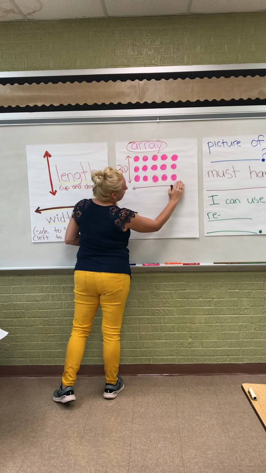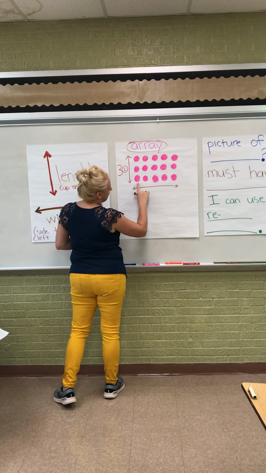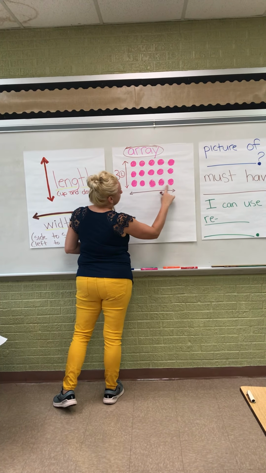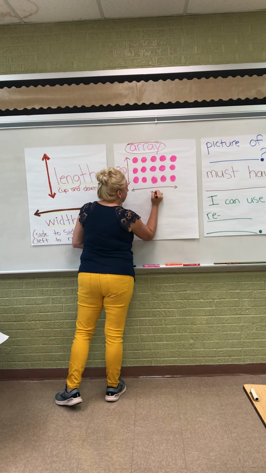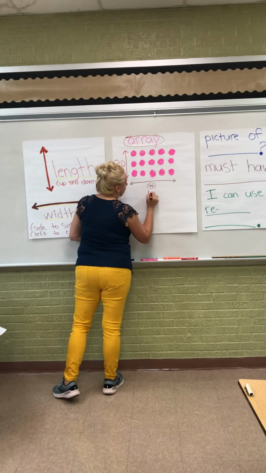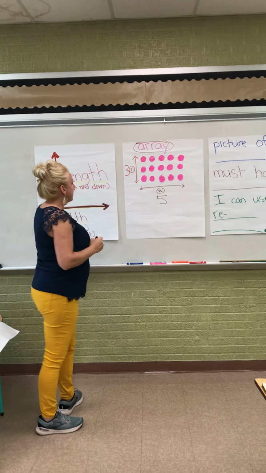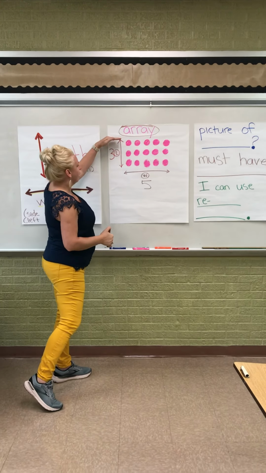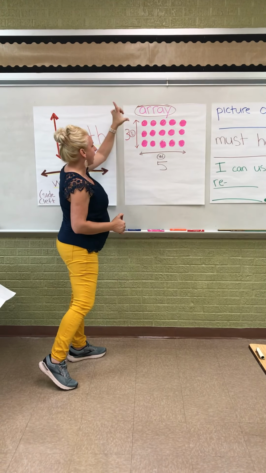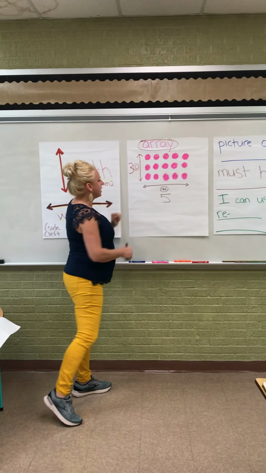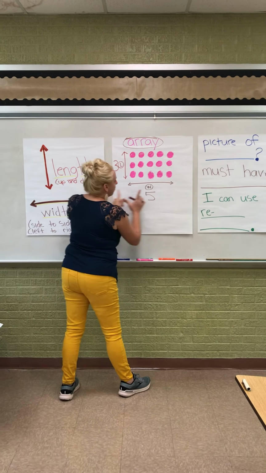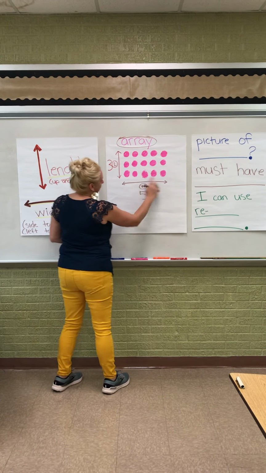You just go all the way across that row and you count them from the beginning to the end. 1, 2, 3, 4, 5. Okay? So our width is 5. So here we have in our columns going up and down, our length, we have 3. And when we come down here to our width, which is our row, we have 5.